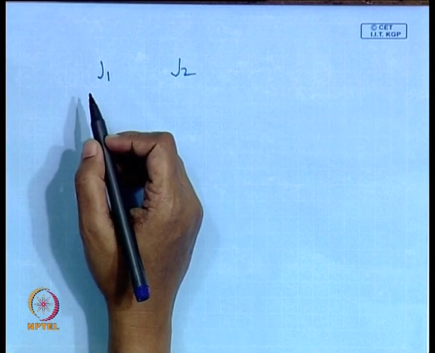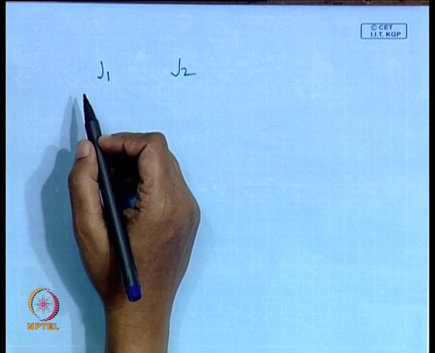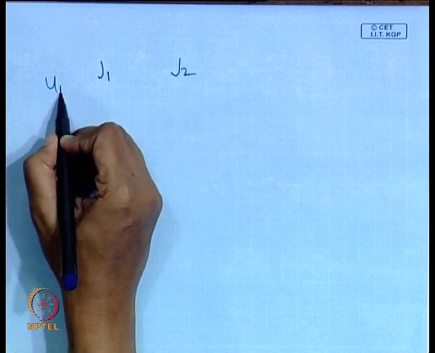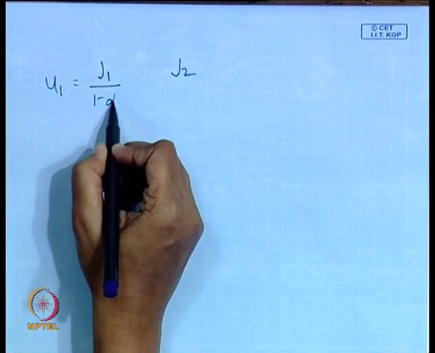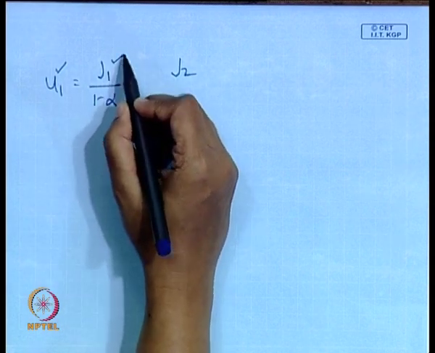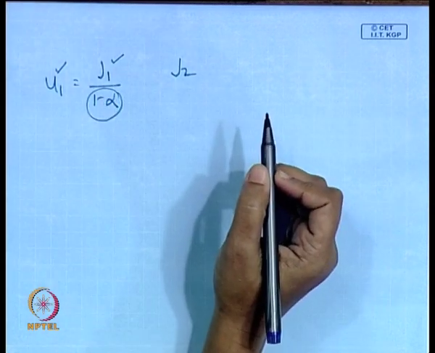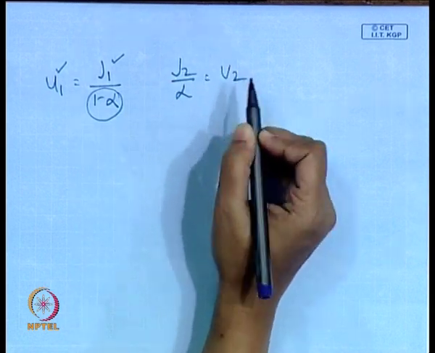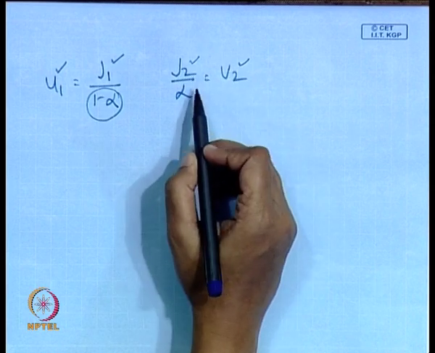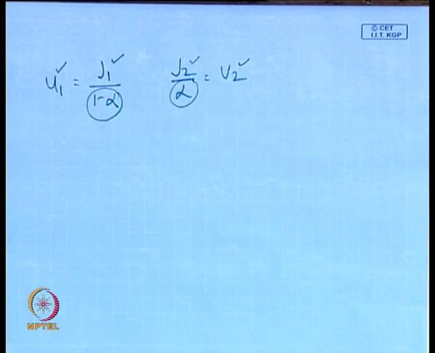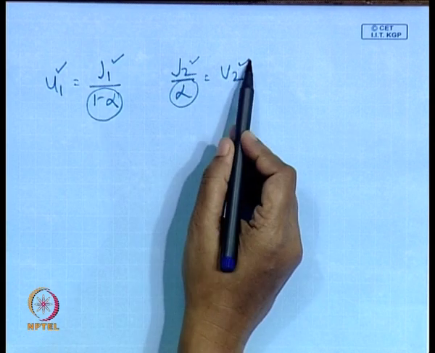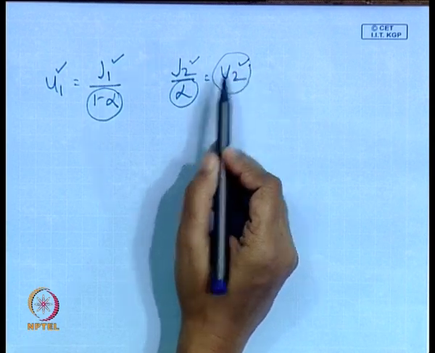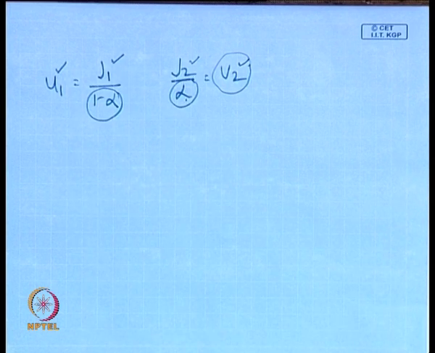Suppose by any means we can measure the in situ velocity U1, then once we can measure U1, we can measure J1, we can find out 1 minus alpha, or in other words, if you can measure J2, if you can measure U2, you can find out alpha. So, by some particular localized measurements, if we can measure the in situ local velocity, then it is very easy to find out alpha.